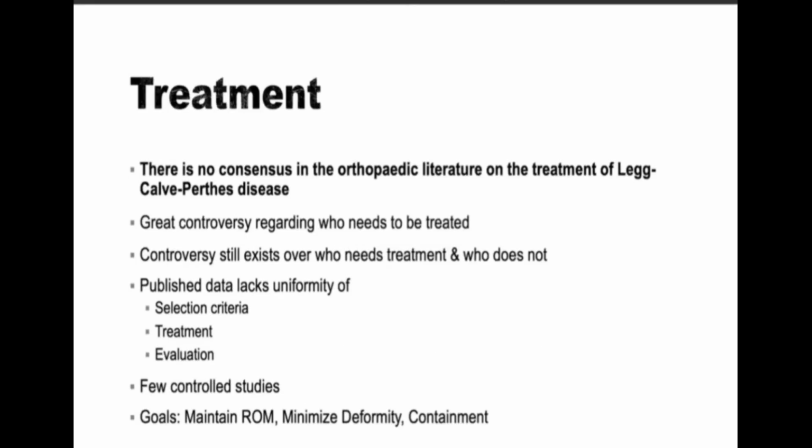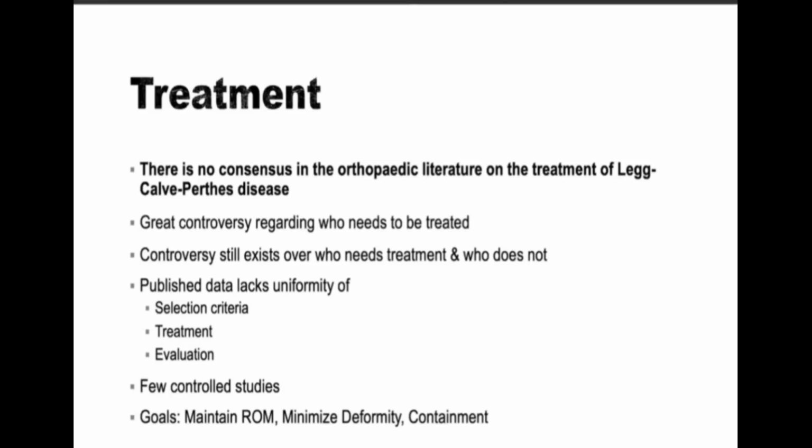So there is absolutely no consensus in the orthopedic literature on the treatment of Perthes disease. There's controversy throughout on who needs to be treated and what needs to be treated. Most of us can agree that we want to keep good hip range of motion, and that can be done with physical therapy, sometimes even bracing. But there really isn't a good consensus on who needs surgery and who will potentially improve from surgery.